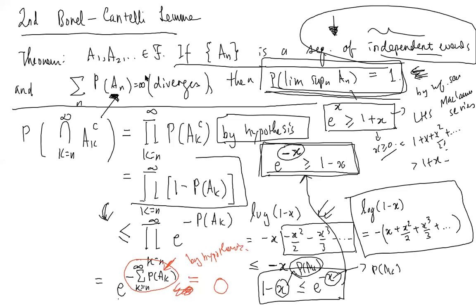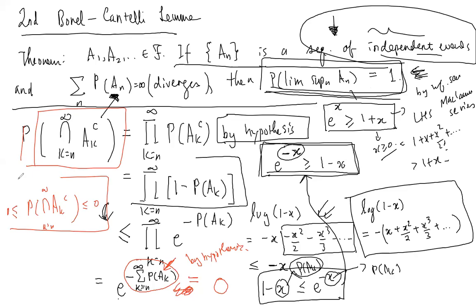So you end up having your P of this thing. We now know that it is bounded between 0 and 0, which can only mean one thing. It implies that your probability is equal to 0, right?